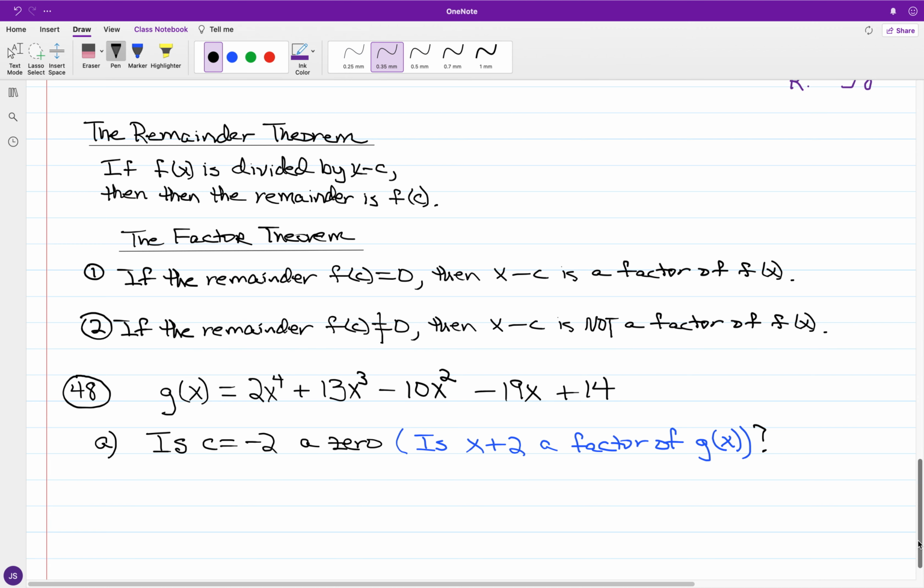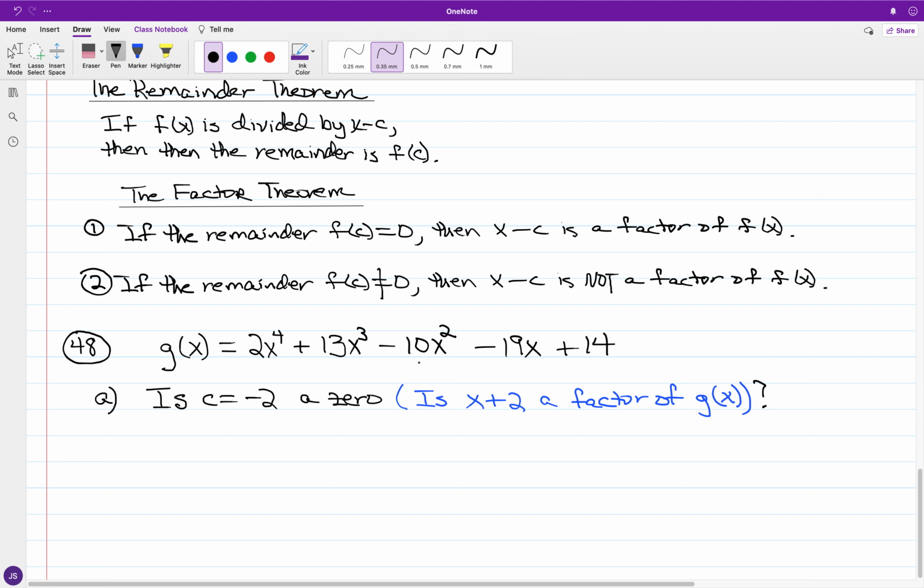With the remainder theorem and subsequently the factor theorem, we'll determine whether the answer is yes or no. So we have this given polynomial, and we have the remainder as we take x plus 2 into this fourth degree expression.